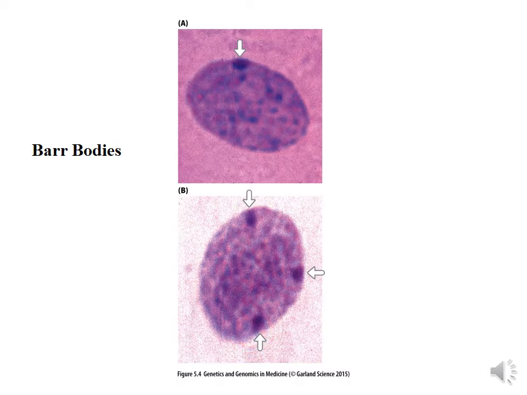This process is referred to as X inactivation. That is to say, men are constitutionally hemizygous for most genes on the X chromosome, and women are functionally hemizygous for the same genes.